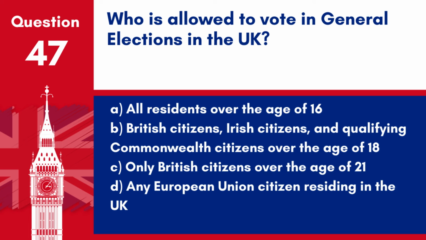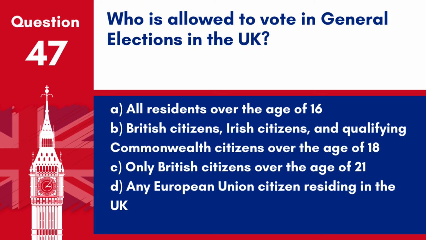Question 47. Who is allowed to vote in general elections in the UK? A. All residents over the age of 16. B. British citizens, Irish citizens, and qualifying Commonwealth citizens over the age of 18. C. Only British citizens over the age of 21.